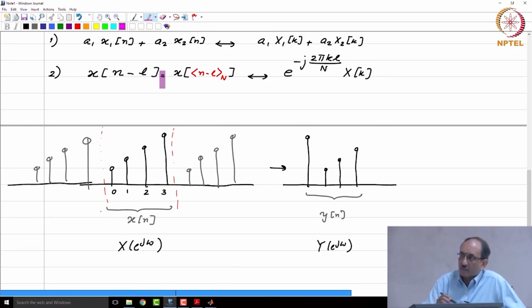When I say this is x of n, I mean x of n is these samples from 0 to 3 and they are 0 otherwise. Similarly, when I say y of n and Y of e to the j omega, I mean y of n is this sequence and it is 0 outside. Therefore, the transforms X of e to the j omega and Y of e to the j omega are unrelated, but their DFTs are, because the moment you bring this into the DFT framework, you have to make them periodic, and then the relationship immediately follows.